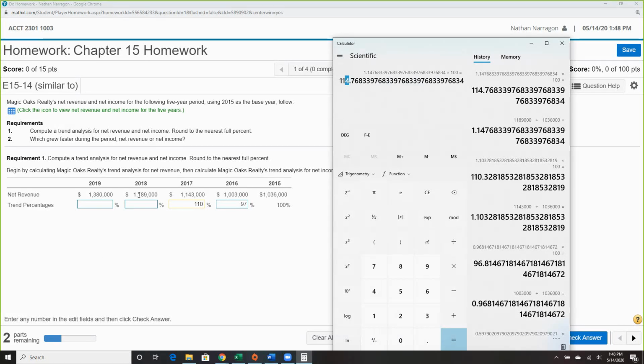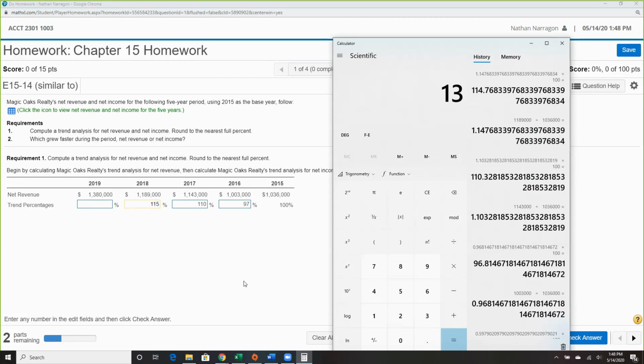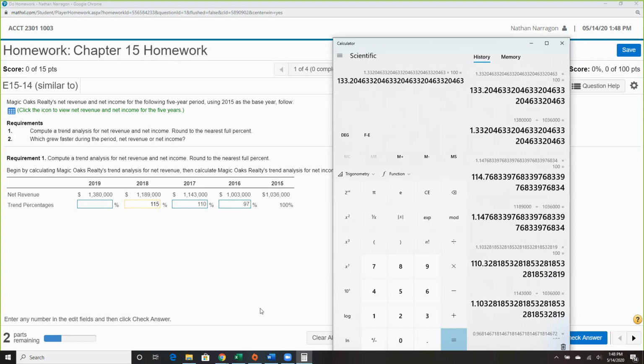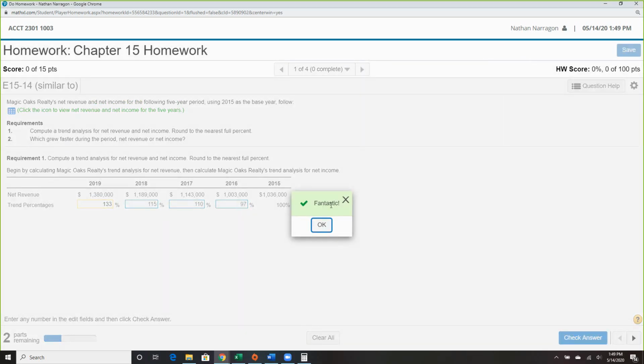And again, rounding up. Okay. And then last year in 2019, wow, that was a good change. 133%. And check. Make sure you always get the nice, enthusiastic thing from Kirsten. Positivity, rock on. And again, everybody's doing good.